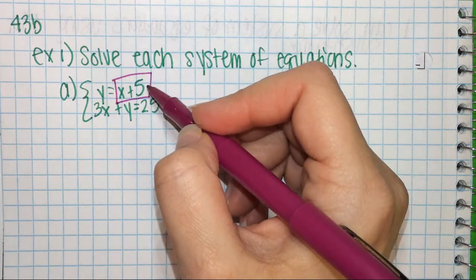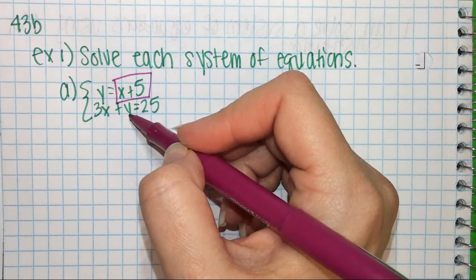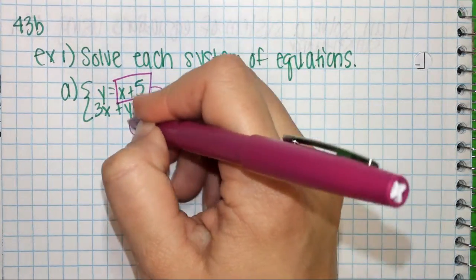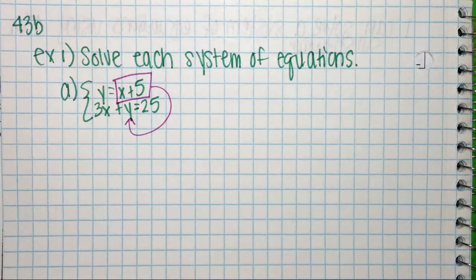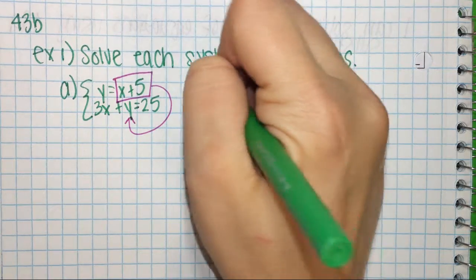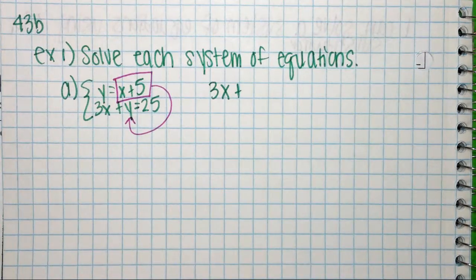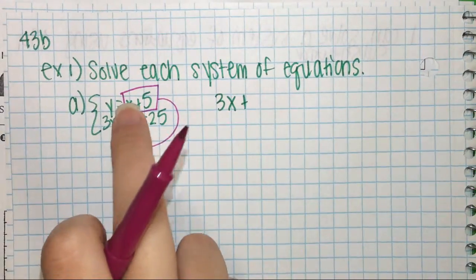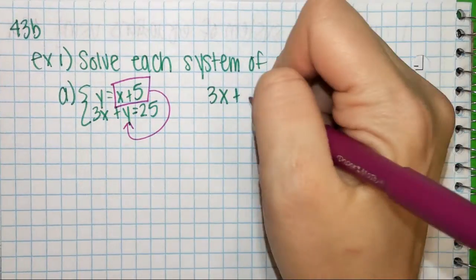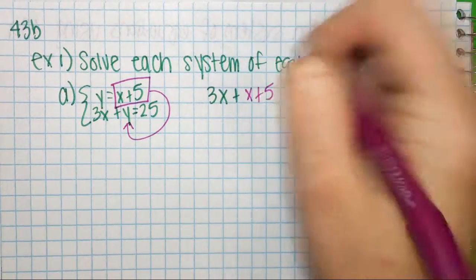So y is x plus 5. So what are we going to replace y with down here? X plus 5. Great job, Whitney. Alright, so we're going to come over here, and we're going to write 3x plus, are we going to write y, or are we going to write what y equals? What y equals. Awesome.